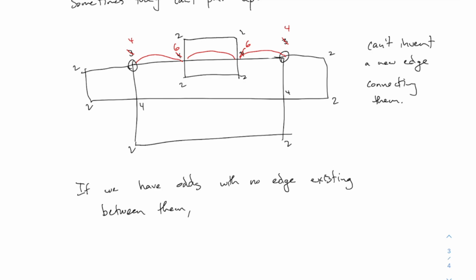Between that 3 and the other 3, there was no single edge, but you can still connect them up by doubling all edges along a path. So if we have odds with no edge existing between them, double each edge along a path. That's what I did there. I considered the whole path going from this 3 across to the other one, and then we double up every edge along that path.